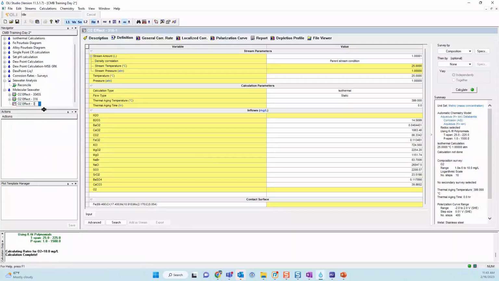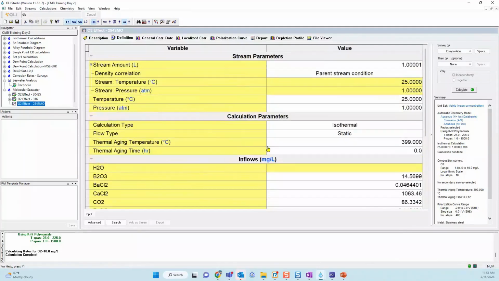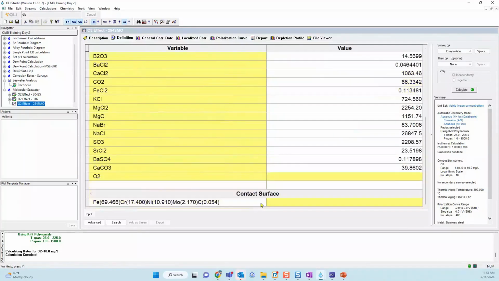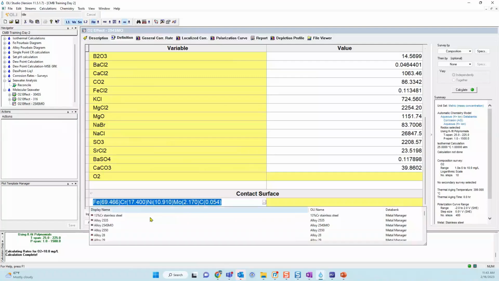I'm going to use 254 SMO. That's the one I'm going to use. Make sure that you change your metallurgy here. Look for alloy 254 SMO.